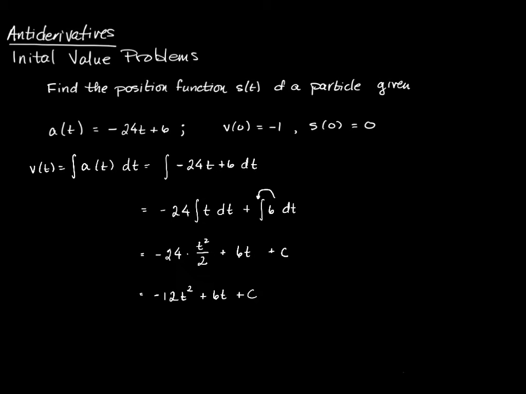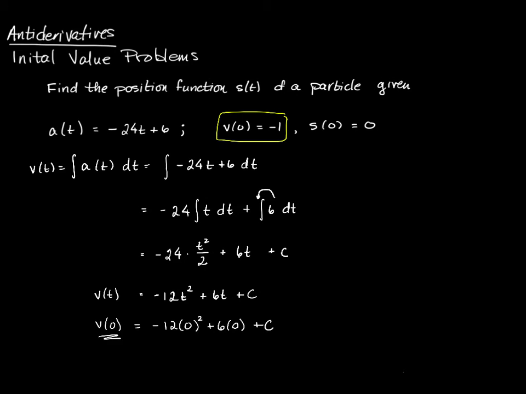The problem is this is a whole family of functions, and I want the one for this particular case, this particular particle. The good news is that I'm told that the initial velocity of the particle is negative 1. In other words, at t equals 0, the velocity is negative 1. I now know v of t, so let's find v of 0. It's what you get when you plug 0 in place of t.